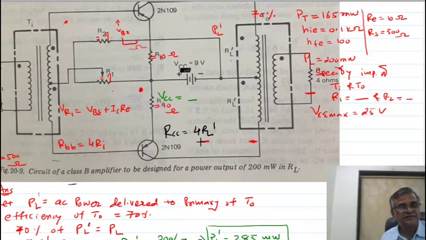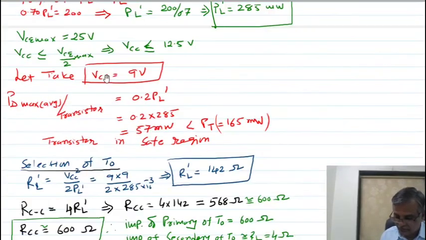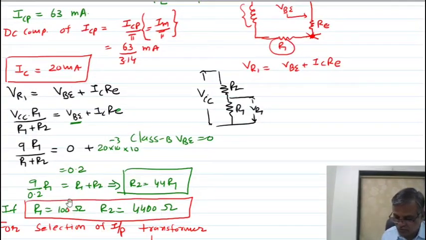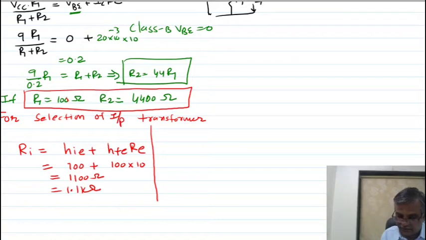So the resistance between the two bases is 4 into RI, so it is 4 into 1.1 kilo ohm.